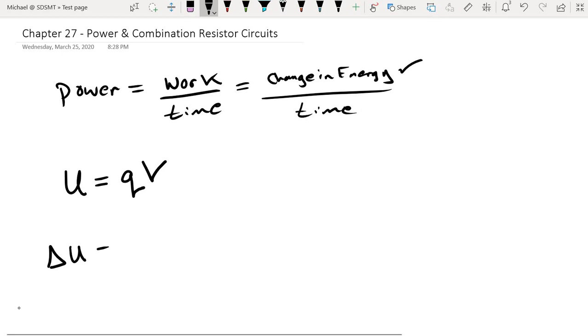So we'll throw a delta in front of that potential energy term, so that tells us potential energy is changing. But first rule of algebra says what you do on one side, you have to do the other. So I'm going to also have a change in potential.